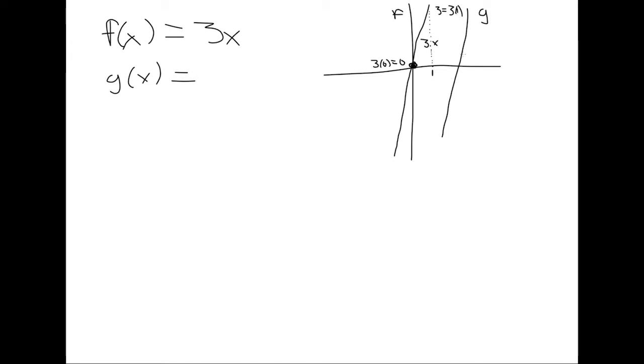Now how does that work out for g? Well, for g, that definitely does not work. Because if we have our value 2 here, for example, and we multiplied it by 3, so 3 times 2, that is definitely not equal to 0. Let's do another one.